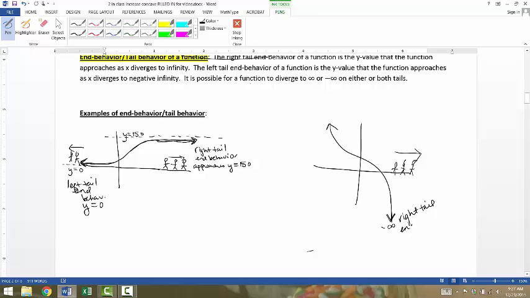The right tail end behavior is that y approaches negative infinity. The function diverges down to negative infinity. On the left tail, as x goes to the left, the function goes up, up, up. So the left tail end behavior is that the y diverges to positive infinity.